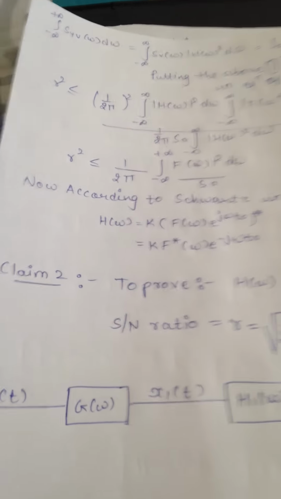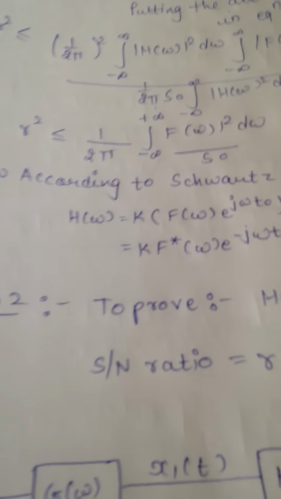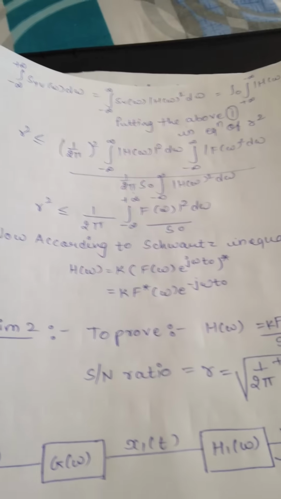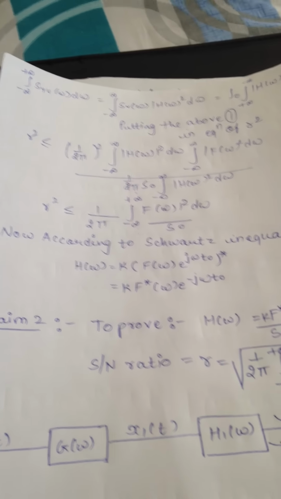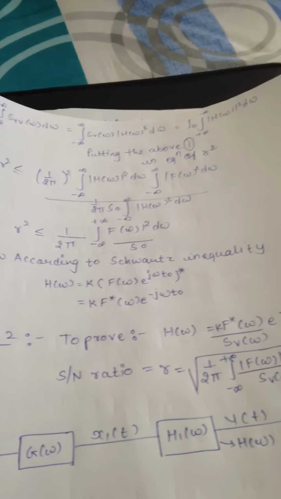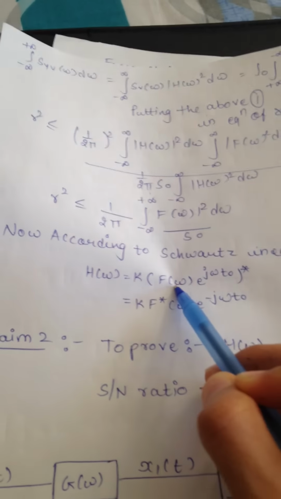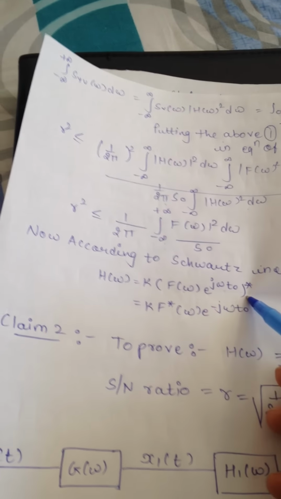So this is our first given claim proof for the signal to noise ratio. Now, according to the Schwarz inequality, we know that H(w) is nothing but a constant into F(w) e raised to jw t0.